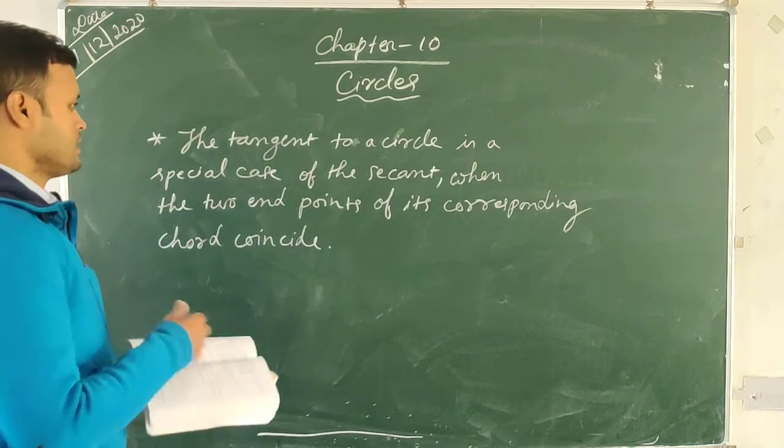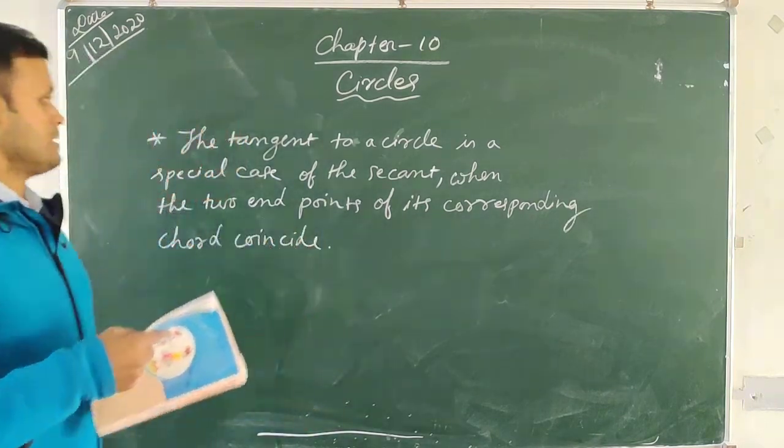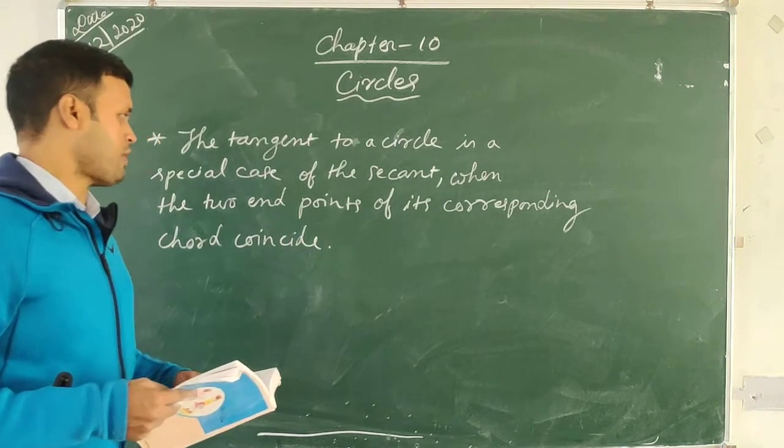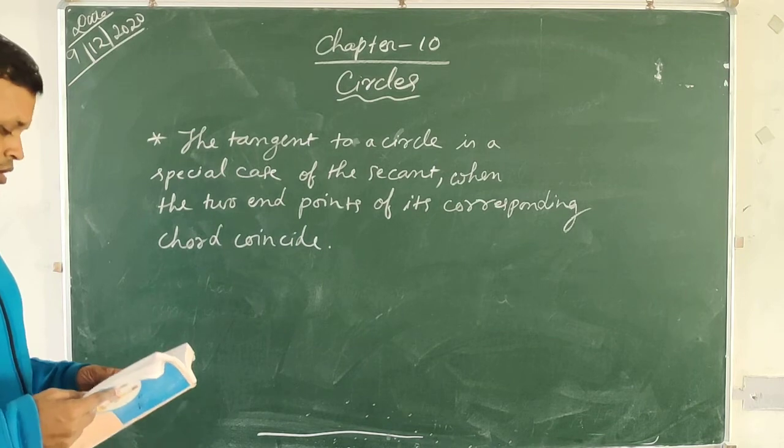Okay, so the tangent to a circle is a special case of the secant when the two endpoints of its corresponding chord coincide.